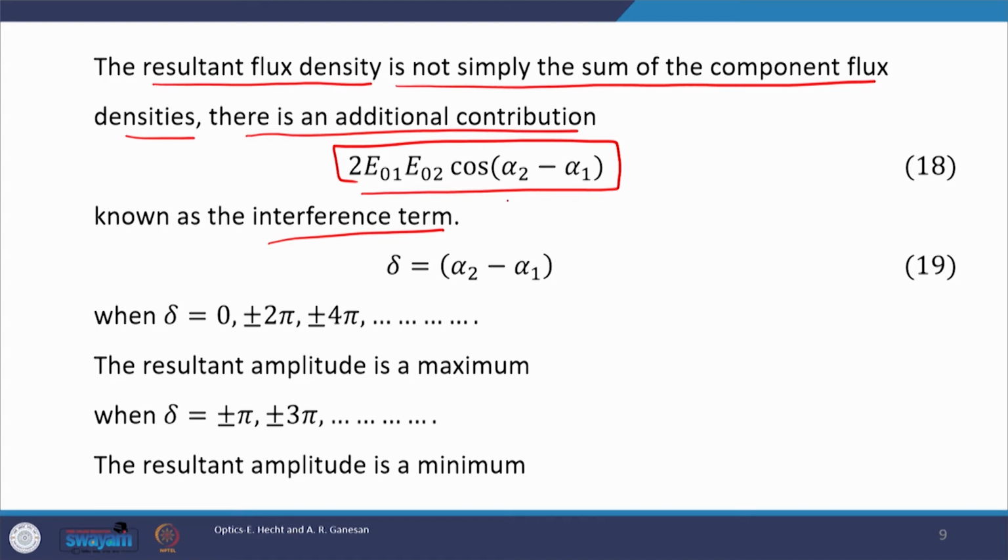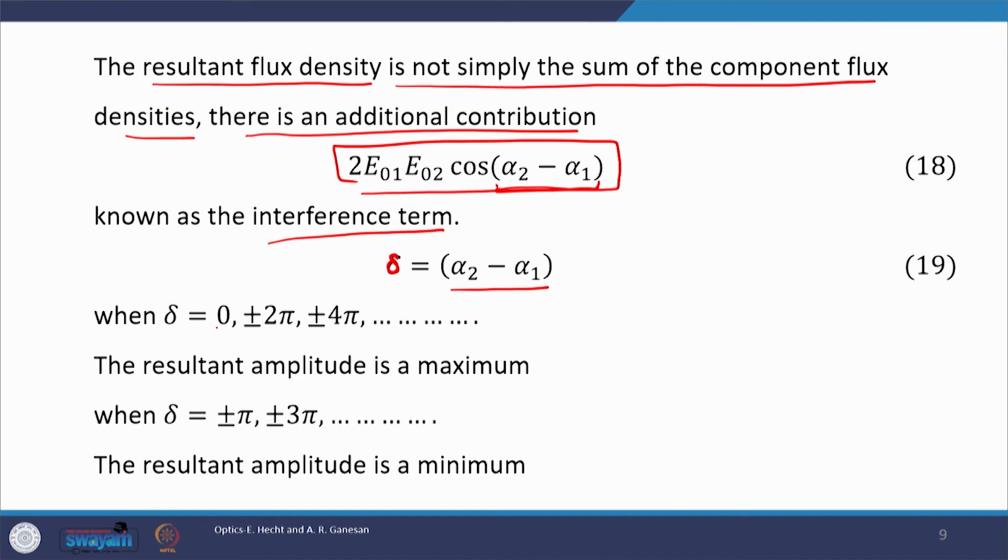Okay. Now, let us talk about the phase part of this interference term, which is nothing but alpha 2 minus alpha 1. Let us represent this phase part by delta. Okay. This del is equal to alpha 2 minus alpha 1. Okay. Let us assume the del represents the phase of this interference term.